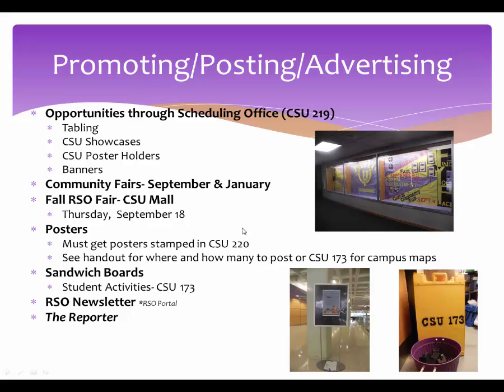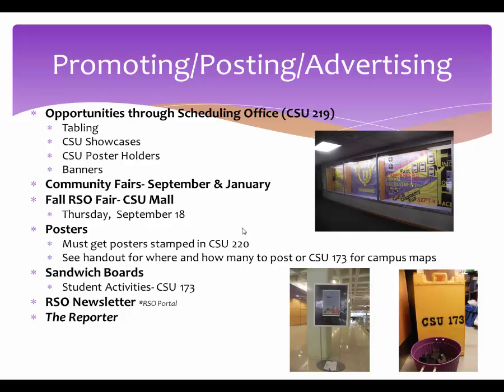Banners are also something that you can do. Banners are often hung in the stairwells within the CSU going down to the lower level. If that's something you're interested in, you can talk to Scheduling in CSU 219 for an overview of how to do that application. And actually, a request for special hanging is within your portal, and I'll go over that at the end.